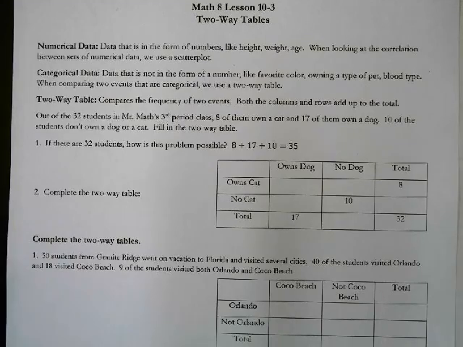Categorical data is usually based off of favorites. Like, what's your favorite restaurant? Well, there is no number for Chipotle. I mean, you could say it's 5. Number your own restaurants. In-N-Out? I don't know what number that would be.